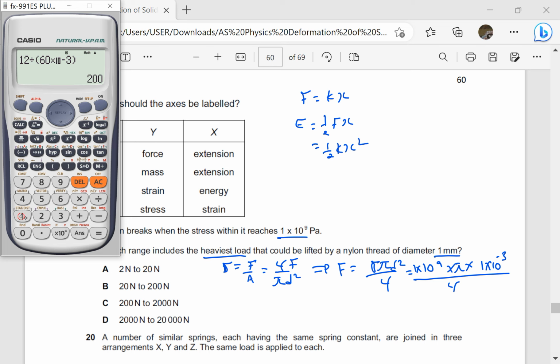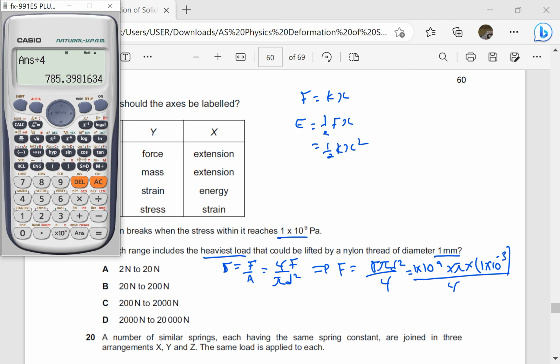Sorry, it is d squared, this is squared. So 1 exponent 9 times pi times 1 exponent negative 3, squared, divided by 4.